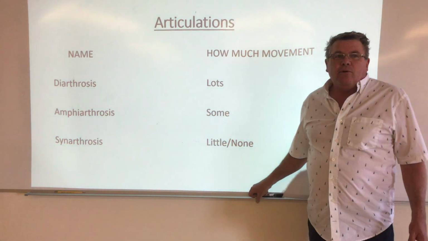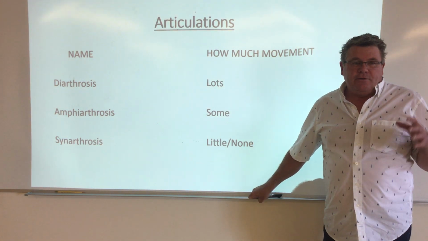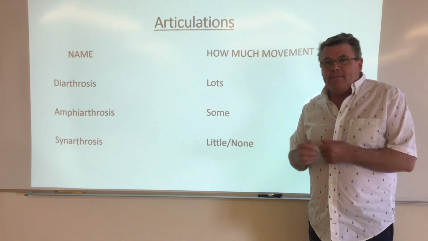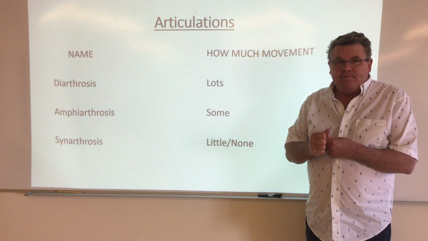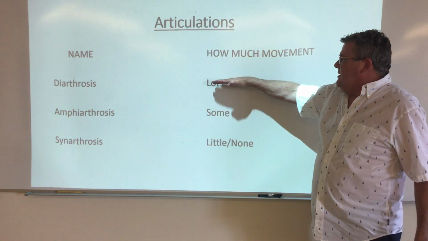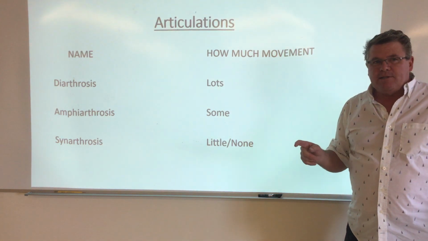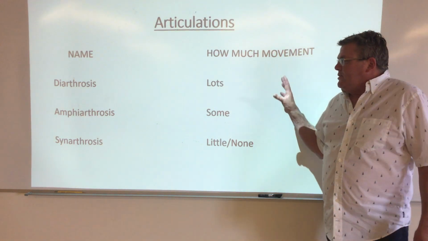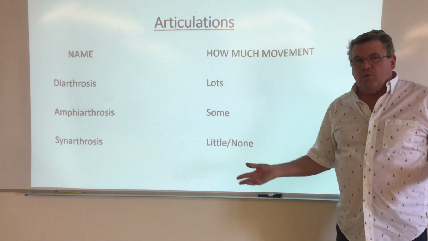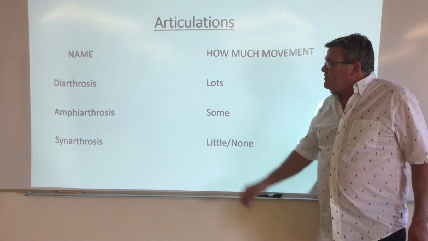If you think about the origin of the word amphibian, an amphibian like a frog is going to live part of the time aquatically, part of the time as a terrestrial organism. So it's a little of both. The amphi is a little of both, falling right into the middle. So yes, it's going to be subjective, but I'm not going to try to split hairs if I give you some weird articulation and ask which one of these it is.